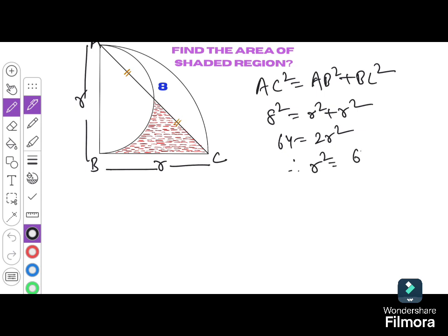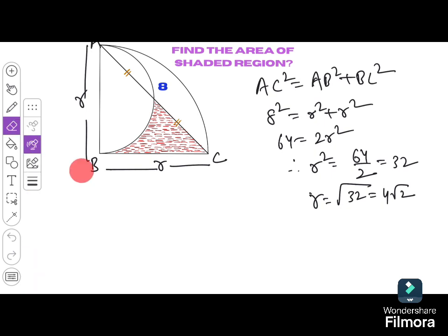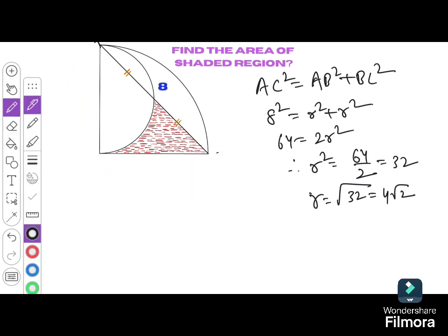Therefore R square is equal to 64 by 2, it means 32. So the final value of R will be root under 32, it means 4 root 2. Hence the length of this side now is 4 root 2.